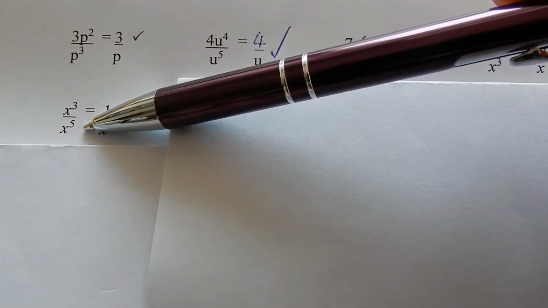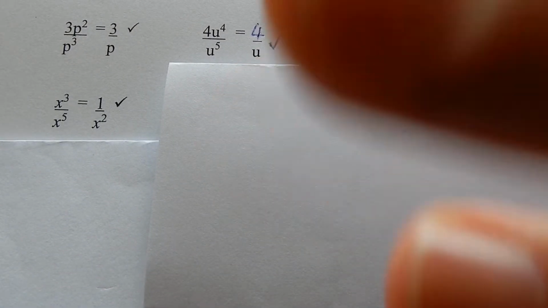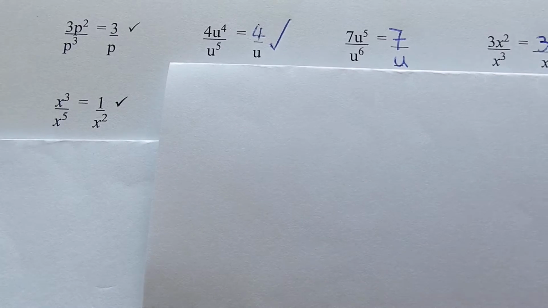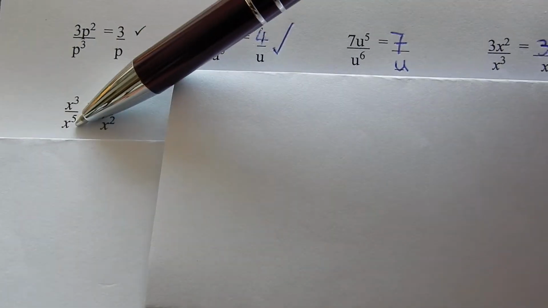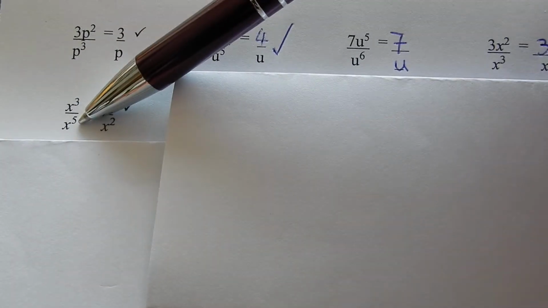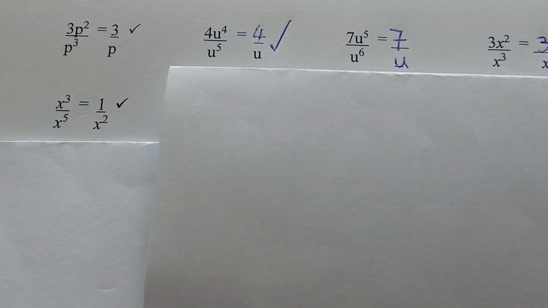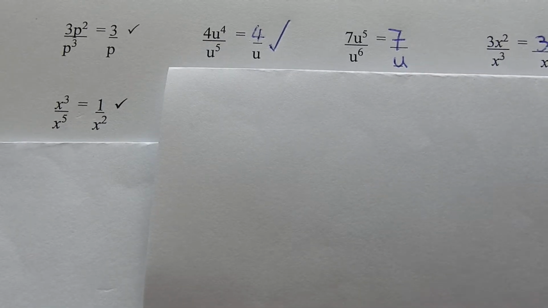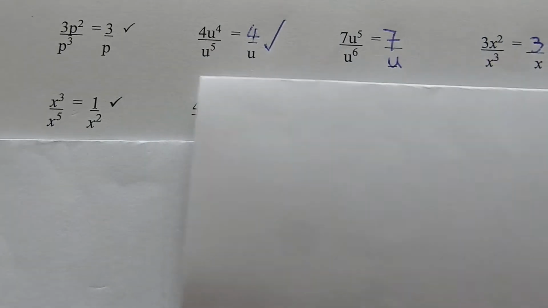X to the power of 5 is x times x times x times x times x, 5 x's times together. And on the top is x times x times x. So there are 2 more x's timesing on the bottom than there are timesing on the top. That's why there are 2 more in the answer as well.